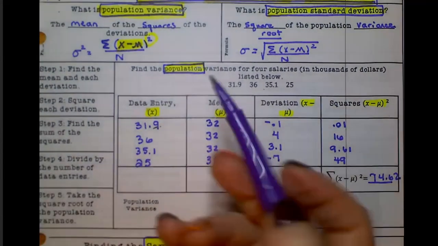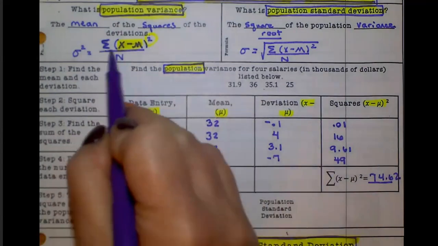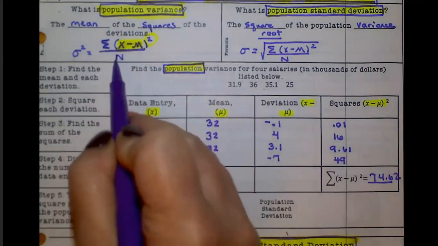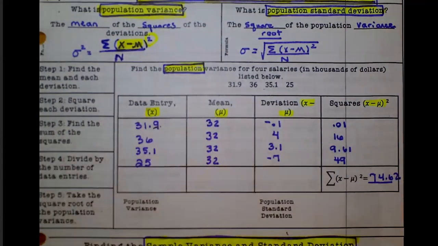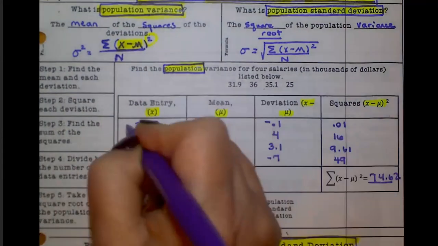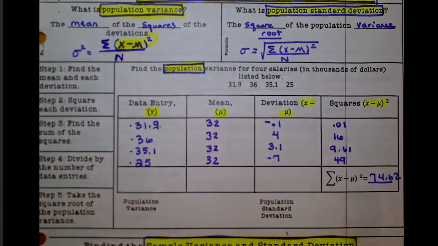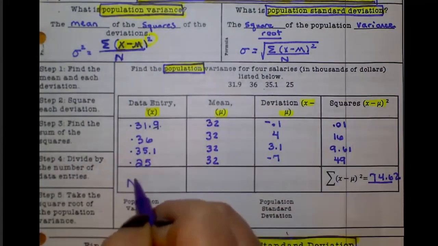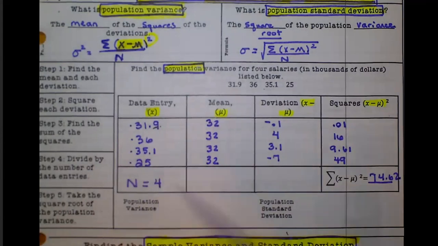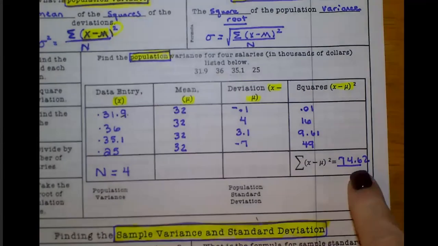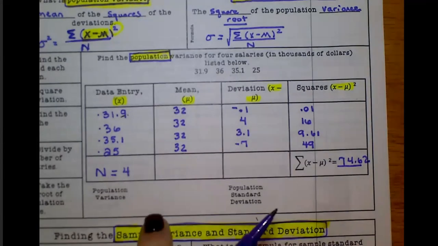Okay? Now, what happens next is, a lot of people say, well, that's the answer. No. Please look right here. You have to divide by how many entries there were. So if I go back to my data values, we look at how many n's there were, so how many x's. So the capital N, because it's population, was 4. So I'm going to have to divide that by 4 when I get over here, okay?